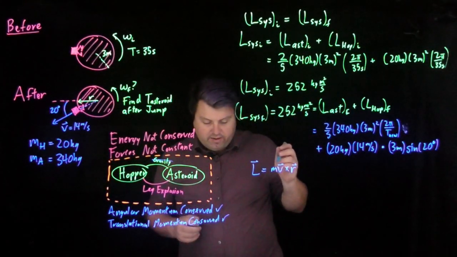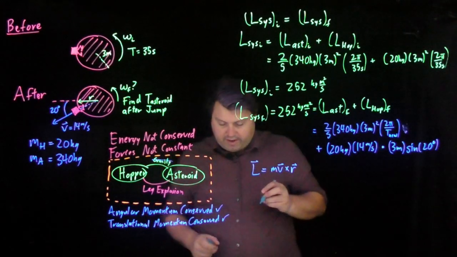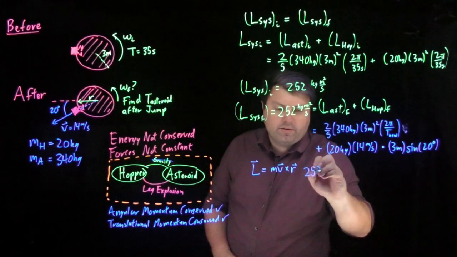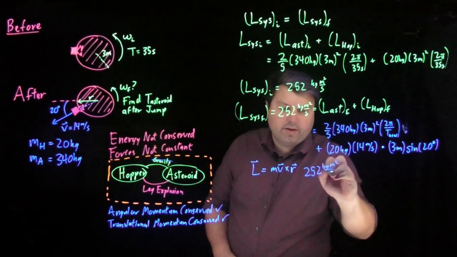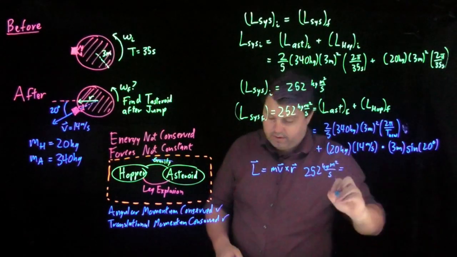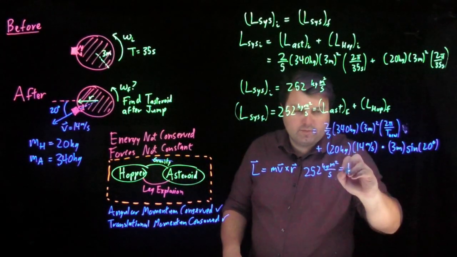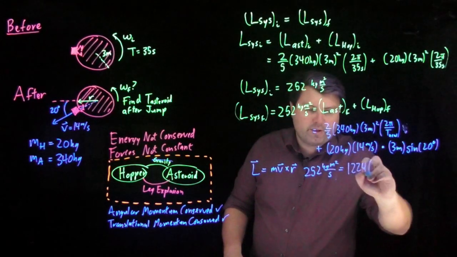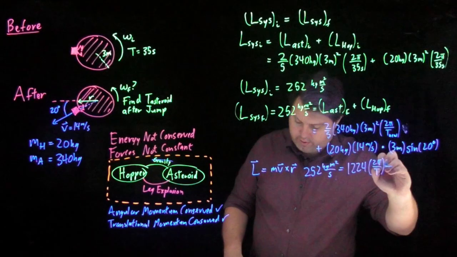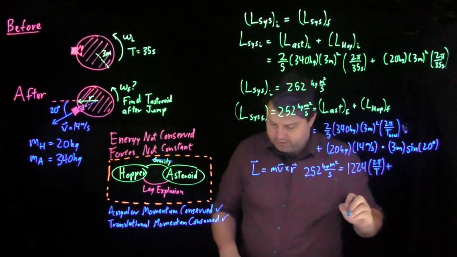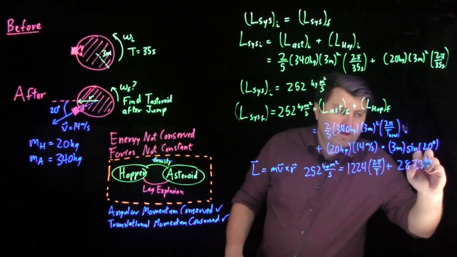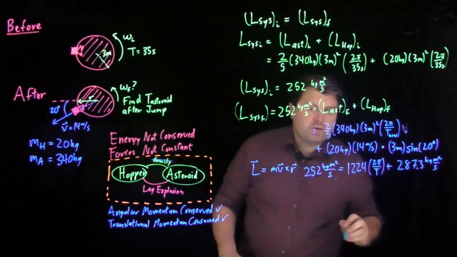And so then we have 252 kilogram meters squared per second is equal to 1224 times 2 pi over our period plus 287.3 kilogram meters squared per second.